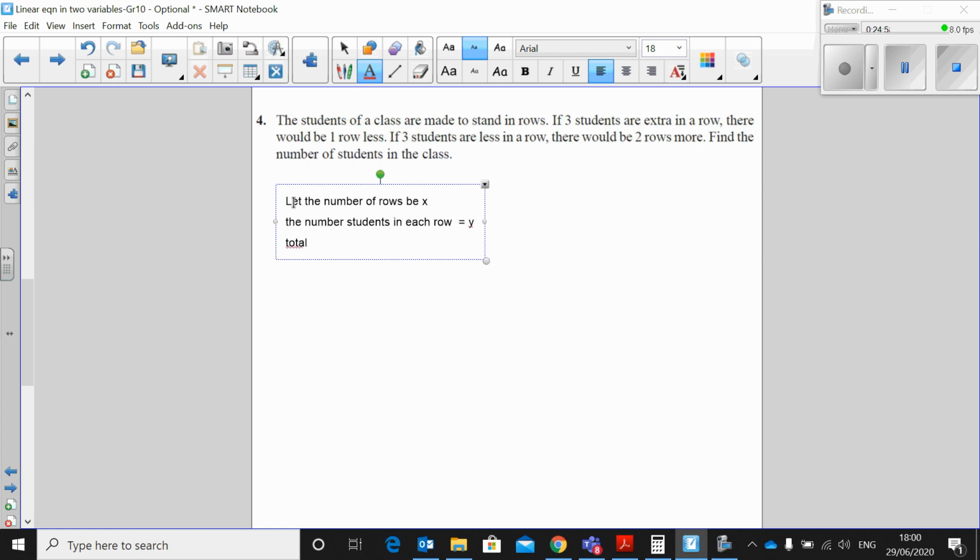Then the total number of students is xy.